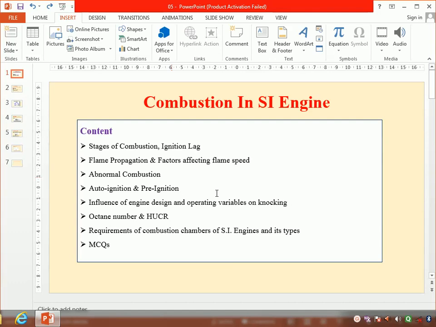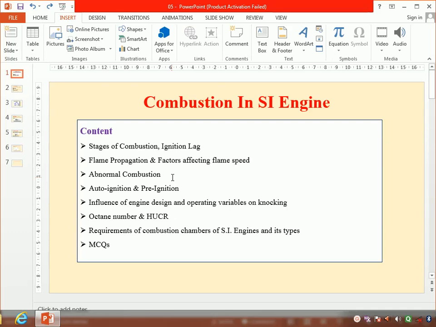Explain the various stages in an SI engine, explain the P theta diagram in SI engine, which are the different factors which affect the flame speed, what is knocking, how knocking occurs in SI engine, what are auto ignition and pre-ignition, which are the different factors influencing knocking, what is fuel rating in SI engine, write a short note on HUCR, the different types of combustion chamber in SI engine, and the requirements of combustion chambers for SI engines. Likewise, such questions are asked.